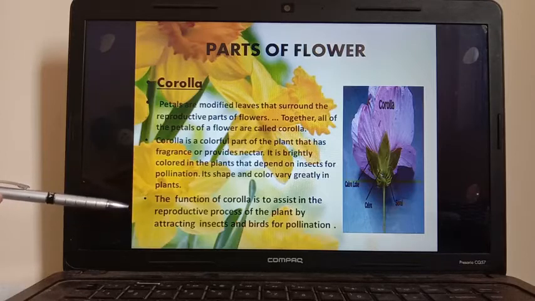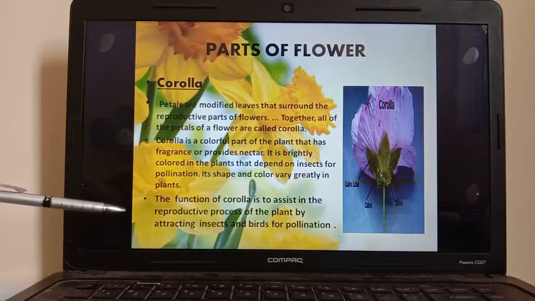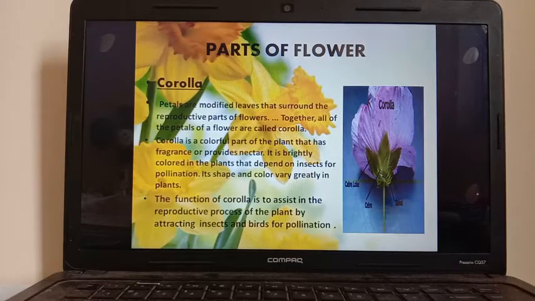By pollination only fertilization can happen, and after fertilization, seeds and fruits can be formed. So the main function of the petal or corolla is to assist in the reproductive process by helping in pollination.